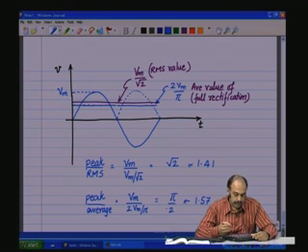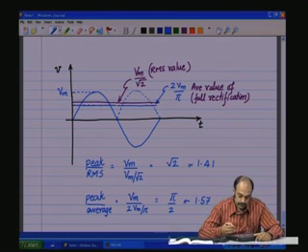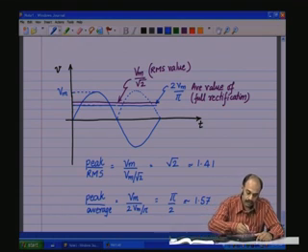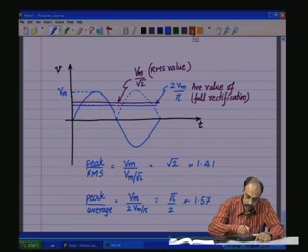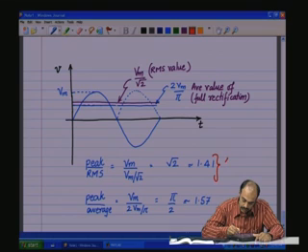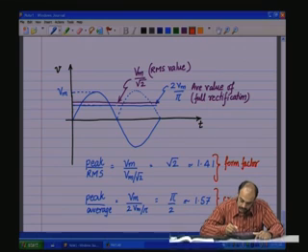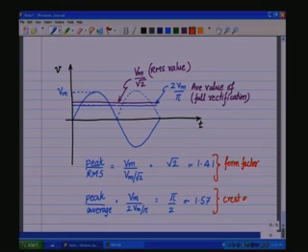This is the peak by the average value. Sometimes this is called the form factor, and this is called the crest or peak factor in the literature.